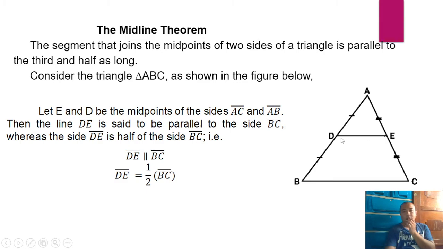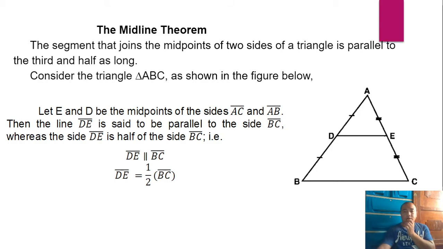So the length of DE is 1/2 the length of BC. Segment DE is parallel to segment BC. Therefore, the length of segment DE is 1/2 the length of BC. This is what we call the midline theorem.